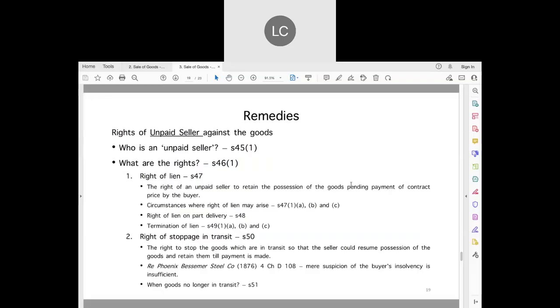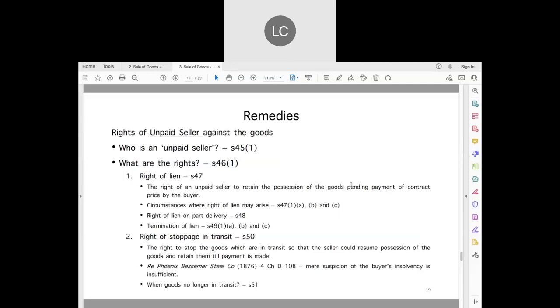Okay, mean to say, if you buy the goods from the seller or from the supplier from KL, and the seller finds that you have become a bankrupt or you have become insolvent, and it could be due to some mere suspicions, and then because of this suspicion, the seller stopped the carrier in Penang, but later on the seller found out that you're actually not insolvent.